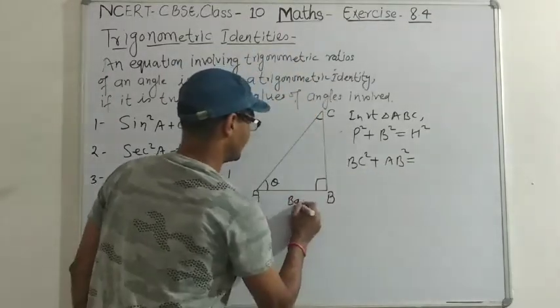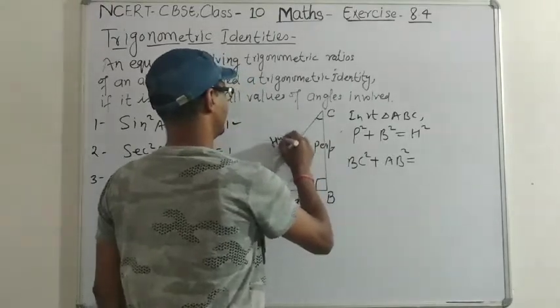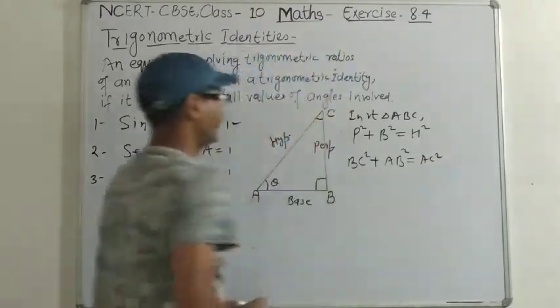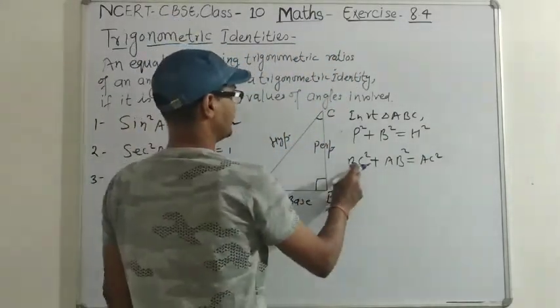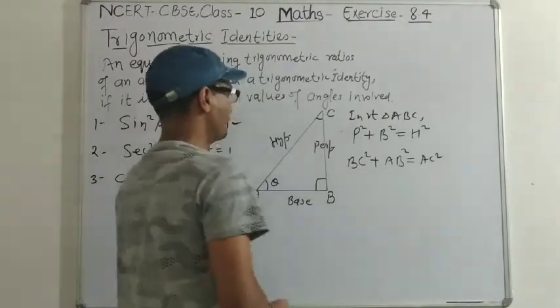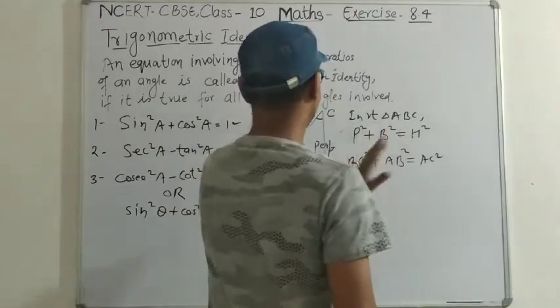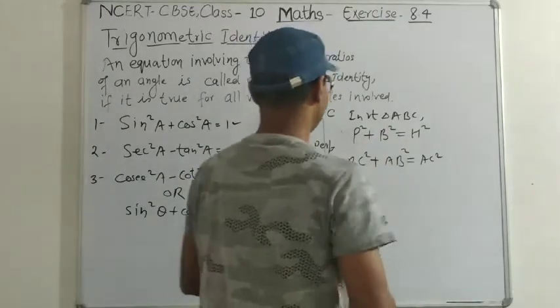You know this: it is base, it is perpendicular, and it is hypotenuse. So in a right triangle, hypotenuse square equals perpendicular square plus base square.